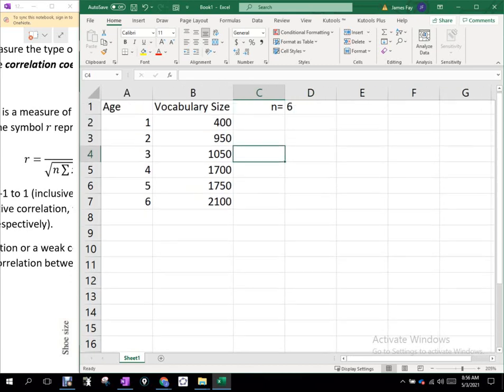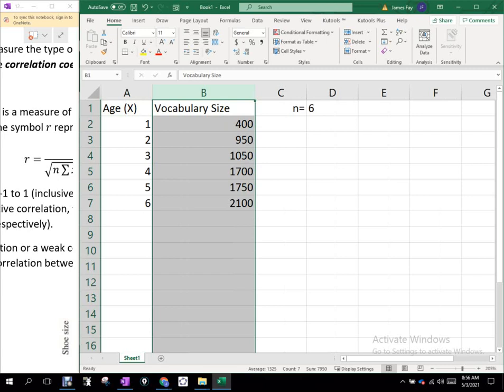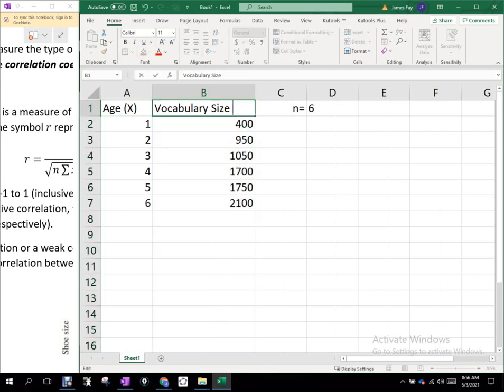And the reason I do that is because I want to take this value, because that's my X. Okay, so the age, think about this, is age dependent on vocabulary, or is vocabulary dependent on age? Say again.